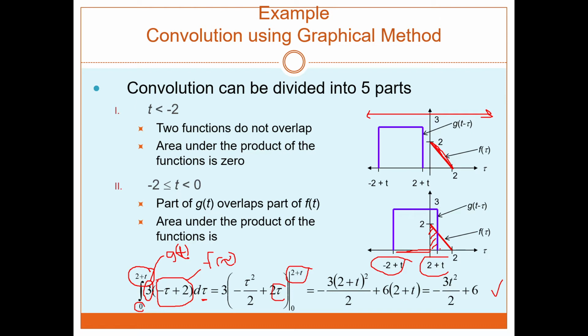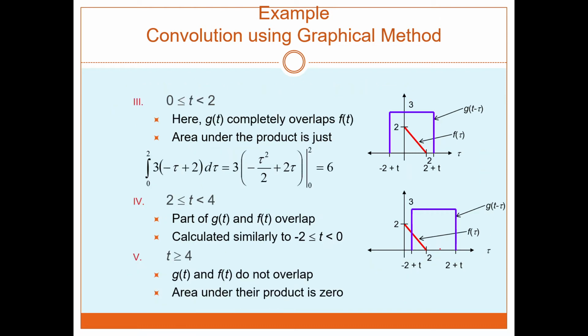For the third region, which is from 0 to 2 here, we want to know the area under here. So we put a limit from 0 to 2 and then we integrate. Again the equation is the same, just the limit is different, because just now we had t as a variable, and now we get 6 since there is no t here.